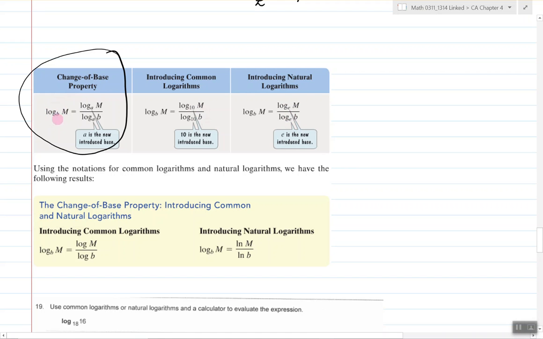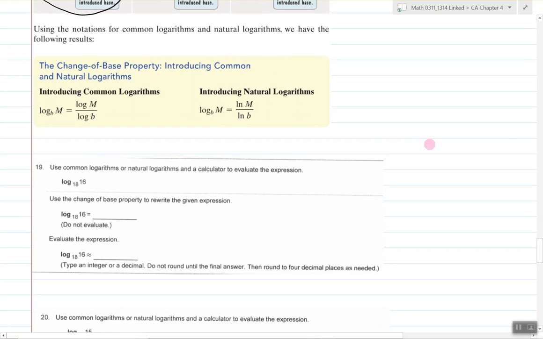So you can say it is the log of a new base of m over a log new base of the old base. Now that sounds a little confusing when I said it, but let's look here.